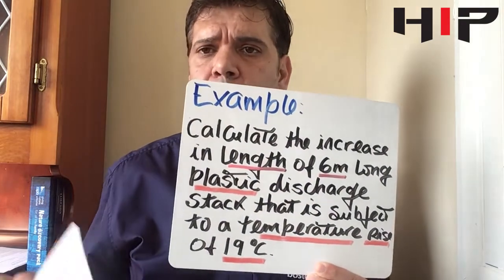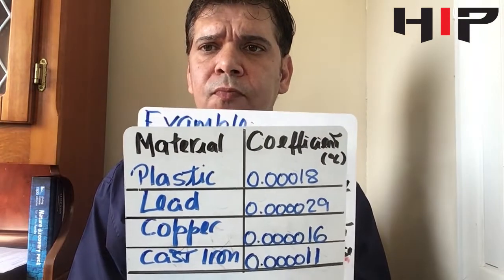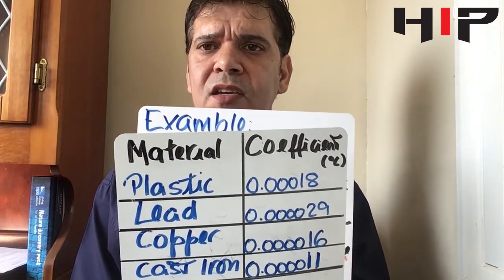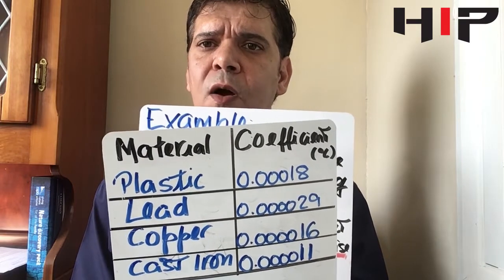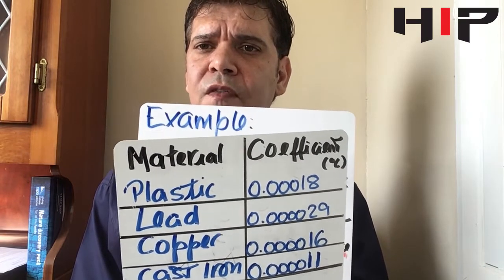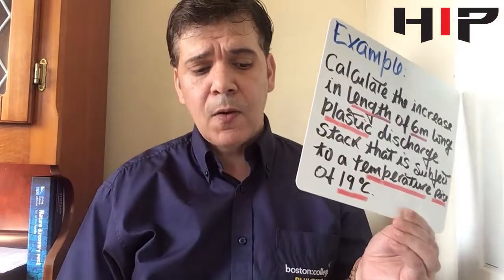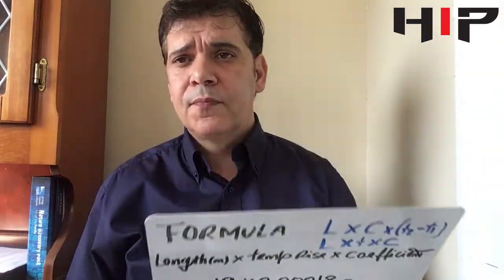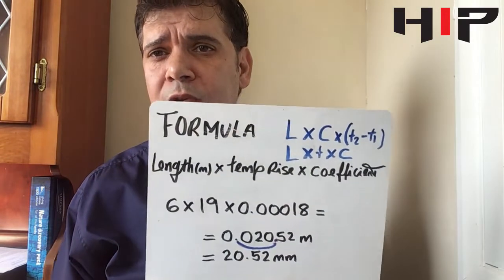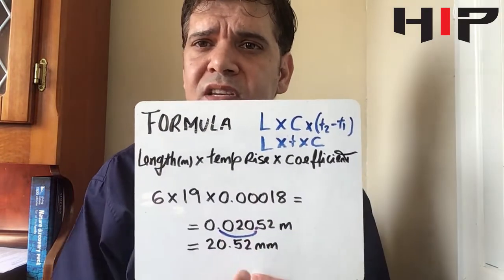So now if you go back to our table, we need plastic, and plastic is 0.018, so that is the coefficient value. Now let's go back to our formula. I've got two formulas here.